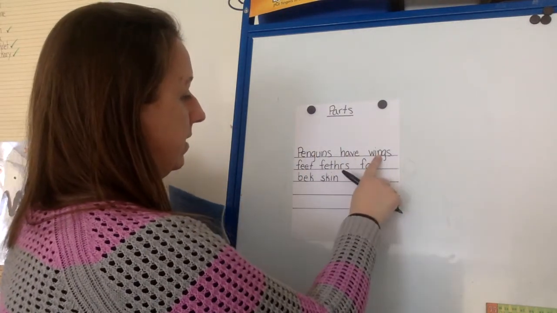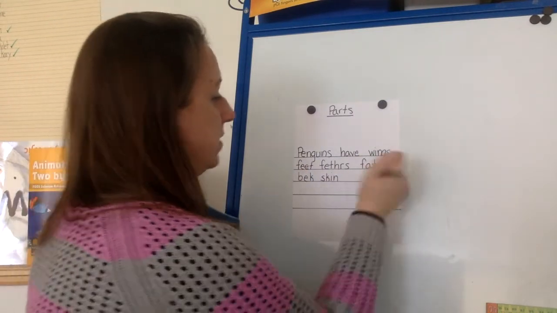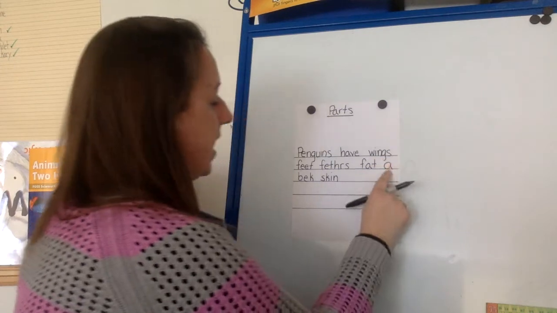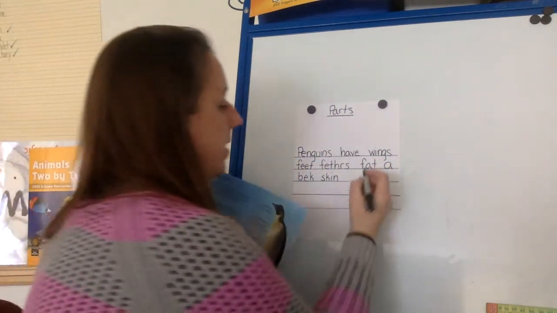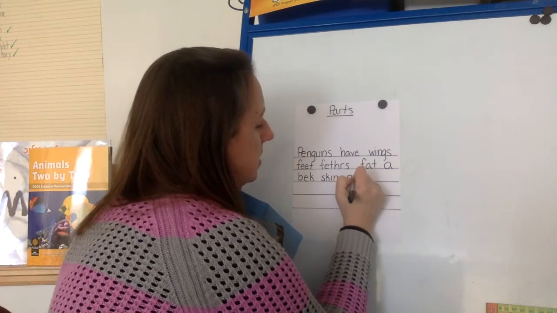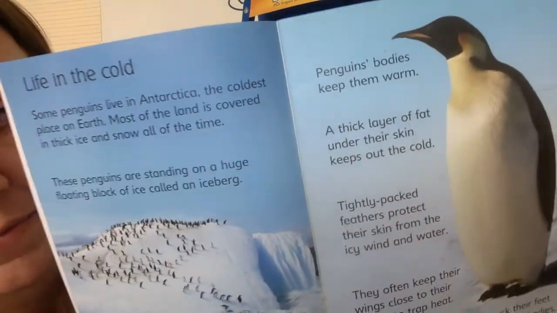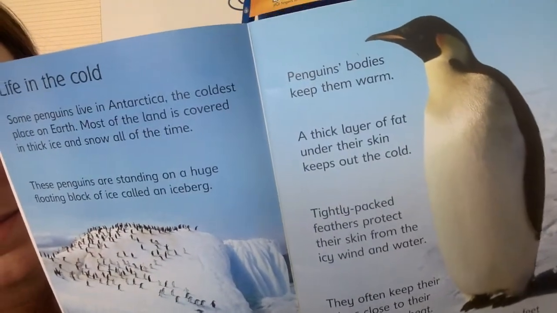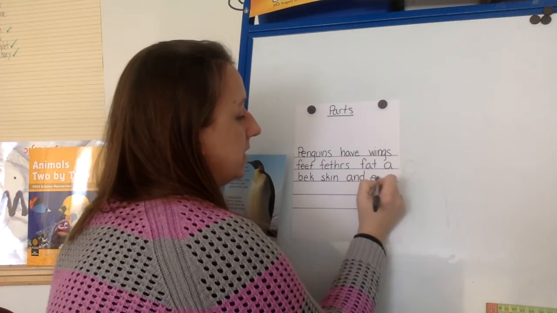Penguins have wings, feet, feathers, fat, a beak, skin, and let's do one more. And what else do you see that they have? Yes, eyes. And remember how I taught you how to spell eyes.